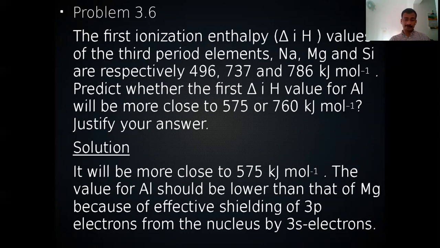Another reason is the effective shielding of the 3p electron from the nucleus by the 3s electrons. 3p electrons are shielded by 3s electrons. But in the case of magnesium, there are no 3p electrons. Only 3s electrons are present.